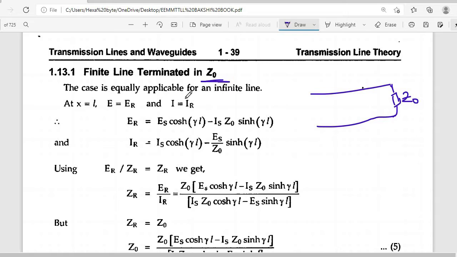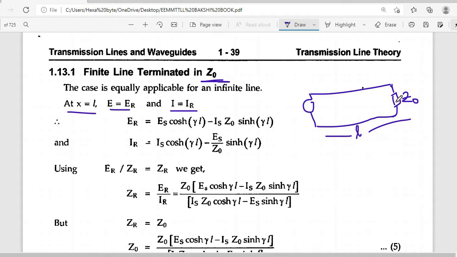The case is equally applicable for an infinite line. Here x is equal to L, some length L of the transmission line. So at x equal to L, E is equal to ER and I is equal to IR, then substitution.